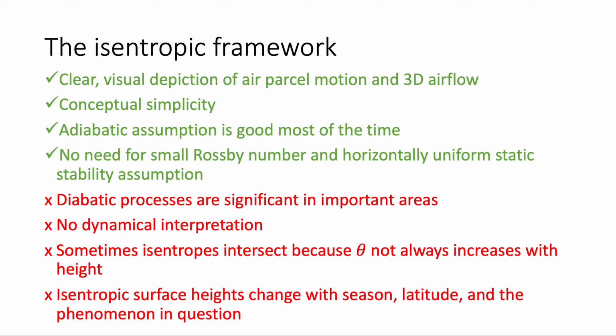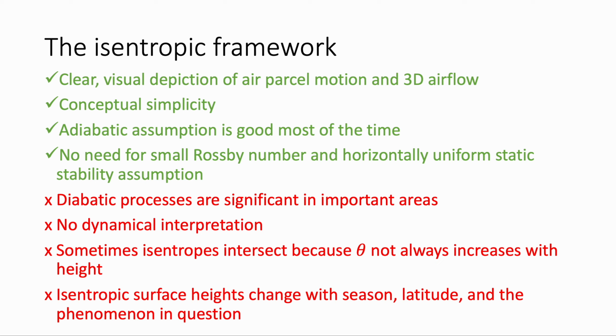It takes a little while to get used to how the surfaces intersect each other and what you're visualizing. Before, we were on a surface of constant pressure, looking at geopotential heights, and now we're on a surface of equal temperatures, looking at this weird Montgomery stream function. But once you get used to that, it's actually pretty simple, and conceptually it's not that hard.